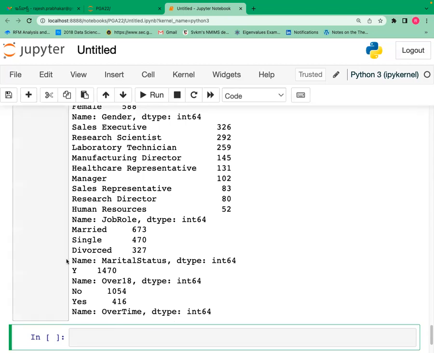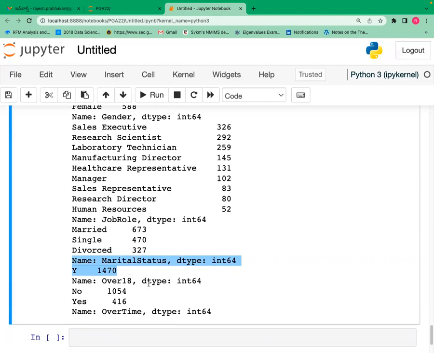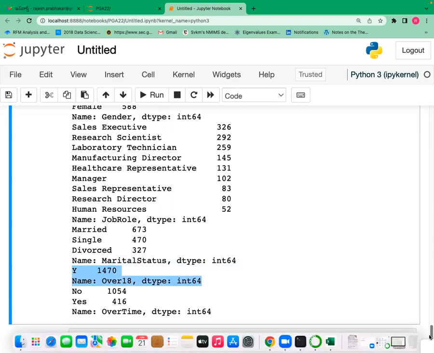See marital status, yes. Over 18 we have only one category, so we have to drop over 18, right?